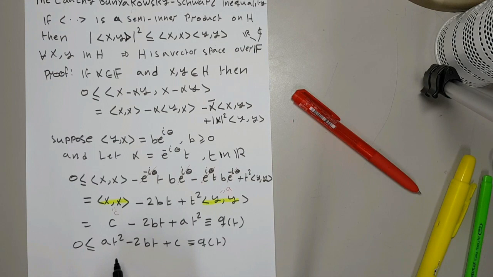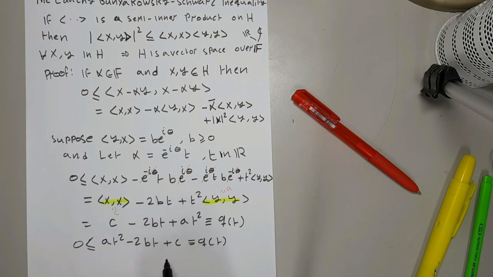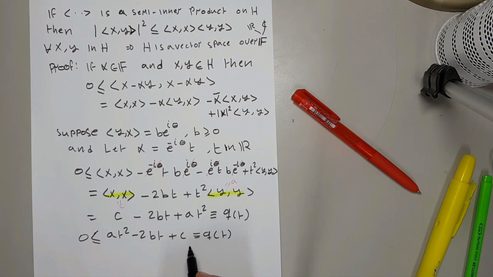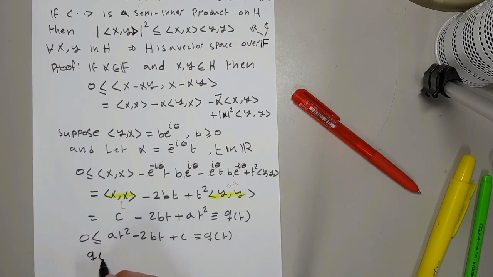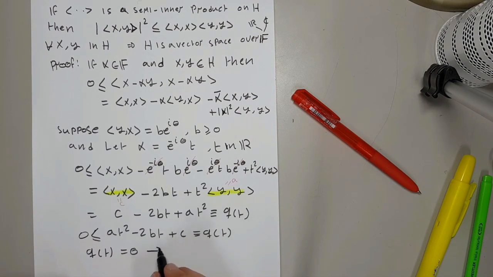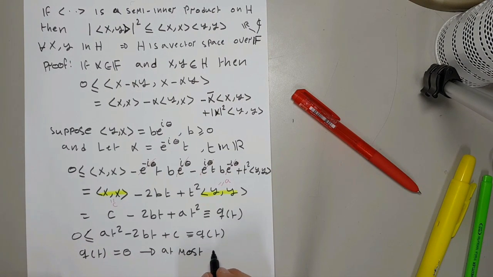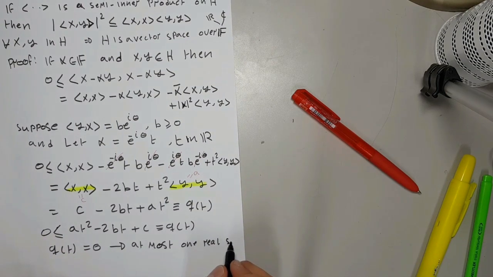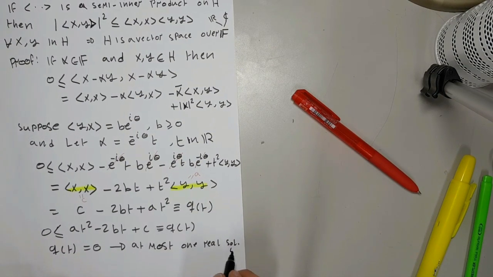So we know this is a quadratic polynomial in the real variable t, and it is greater than or equal to 0. This implies that if q of t is equal to 0, then we have at most one real solution t.